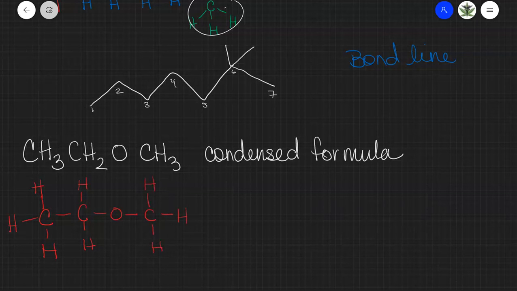And remember, we said for Lewis structures, we have to write in lone pairs if they exist. Not for condensed, but for Lewis and bond line.